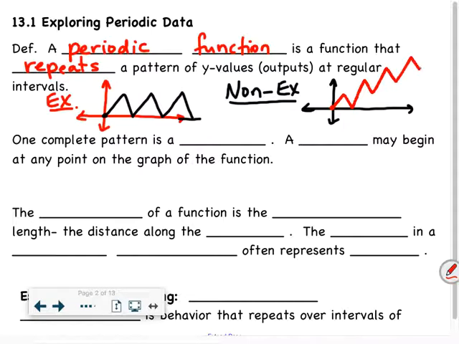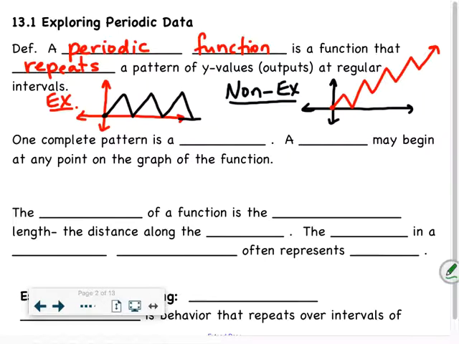Even though there appears to be a pattern, do you see that I don't have the same y values, the same heights? Okay, a y value is how high it goes. Remember, y values are your range. So that's a non-example. I have a repeating pattern, but it's not just a repeating pattern. It's a repeating pattern of y values or outputs.